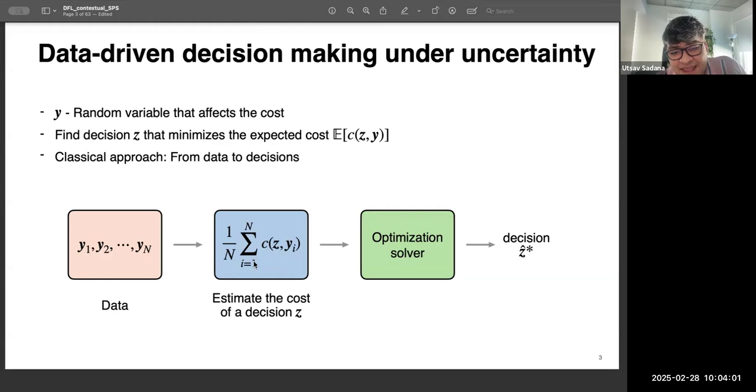Now you plug this empirical average in an optimization solver, and you also plug in the constraints, you get a decision, z hat star. Now, this z hat star may, in general, be different from the optimal decision that you would have obtained if you knew the true distribution of y.